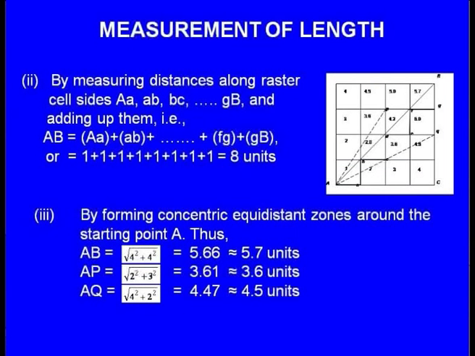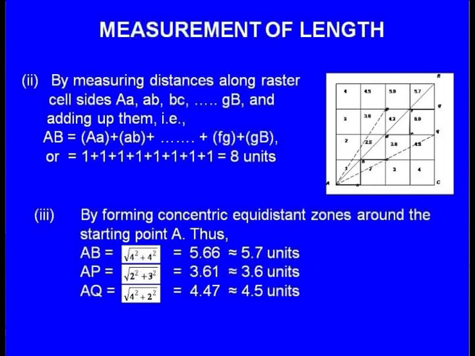The second technique could be measuring distances along the raster cell sides as shown in the figure, that is along the path a, ab, bc, and so on to g, b, and adding them up. Since these sides are all of unit length, the distance between the 2 points A and B is 8 units.